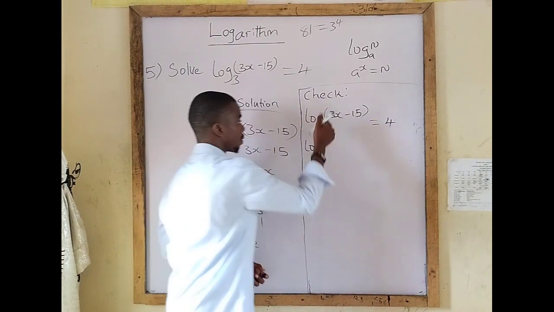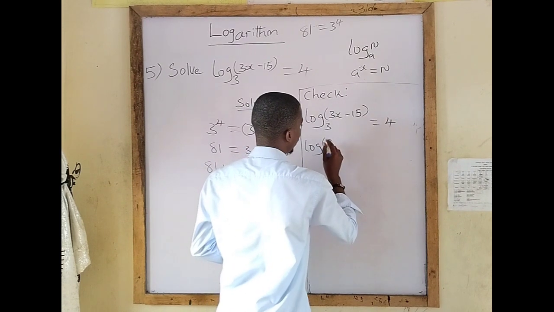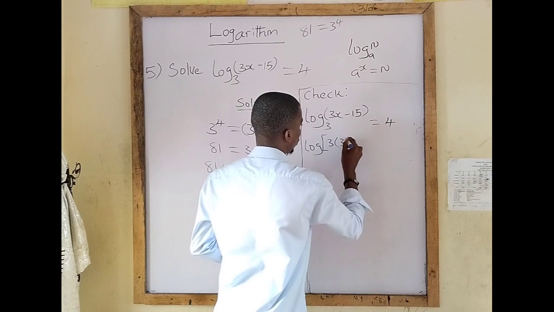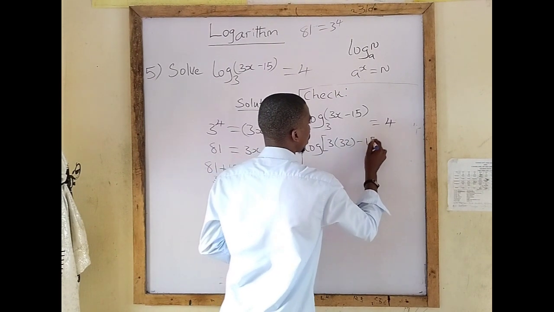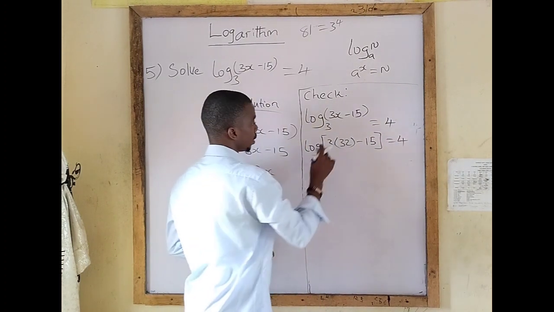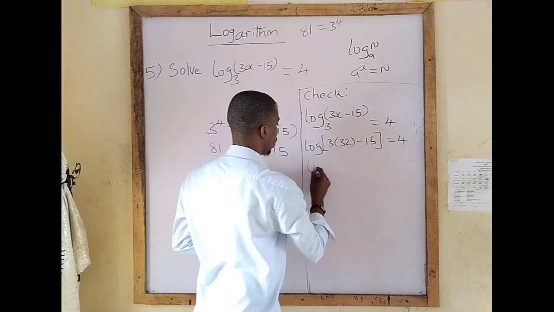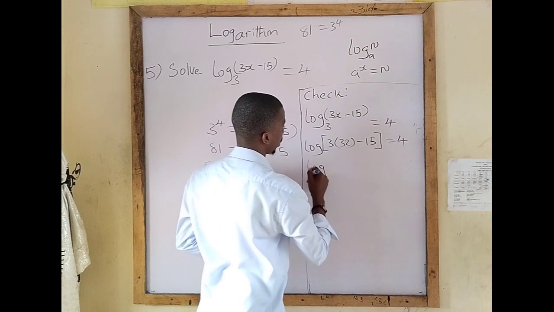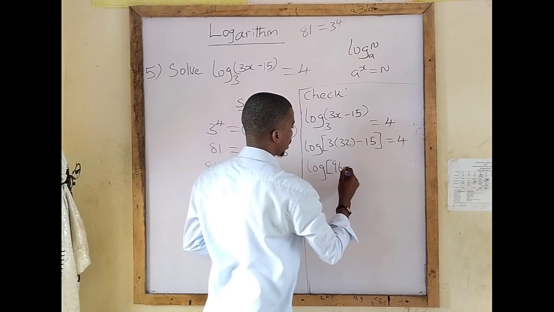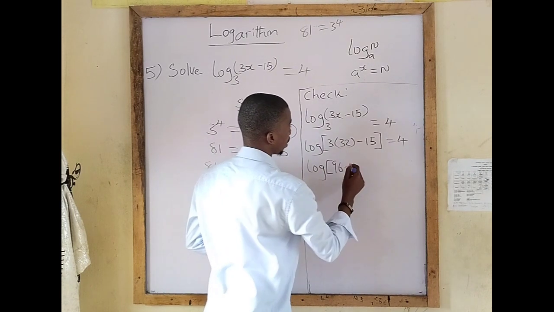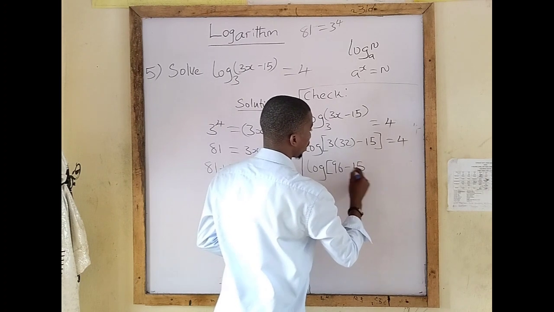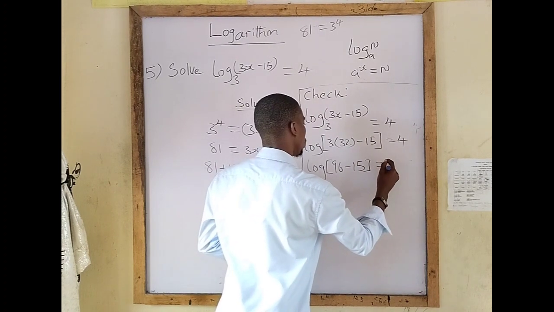Where we have x, we put 32, and we use parentheses for the first enclosure, so that we have log (3 times 32 minus 15) equal to 4. And 3 times 32 is 96, so this is log (96 minus 15) to base 3 equal to 4.